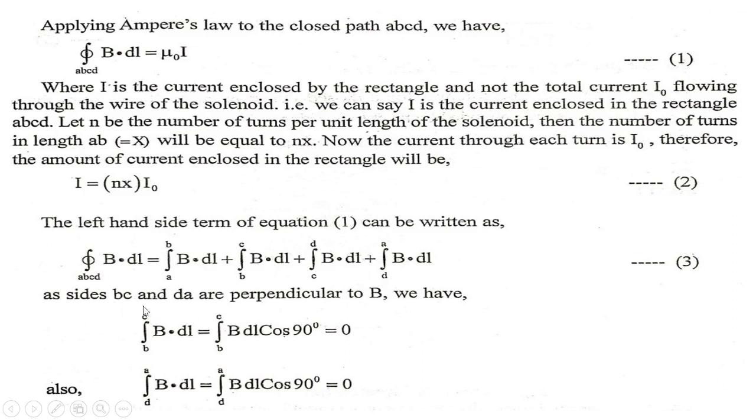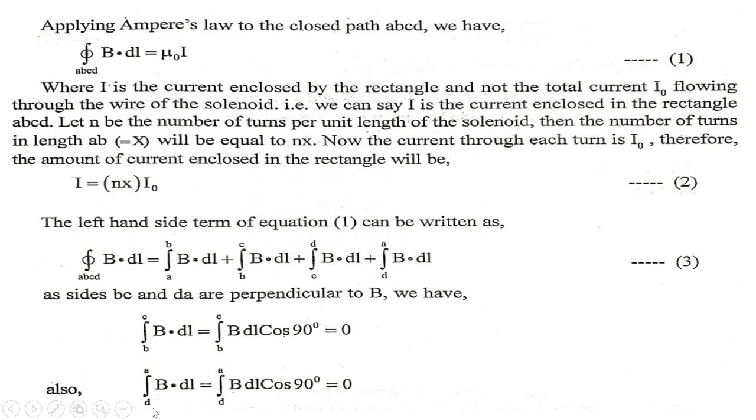As sides BC and DA are perpendicular to B, we have the integral from B to C of B dl equal to the integral from B to C of B dl cos 90 degrees, which equals 0.